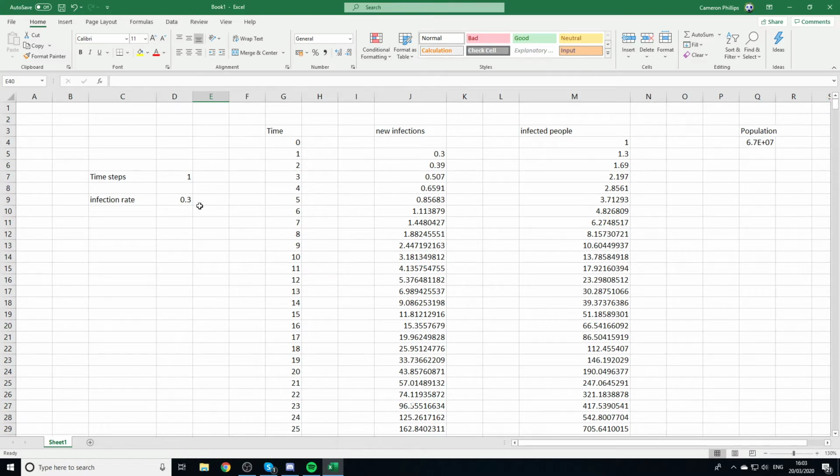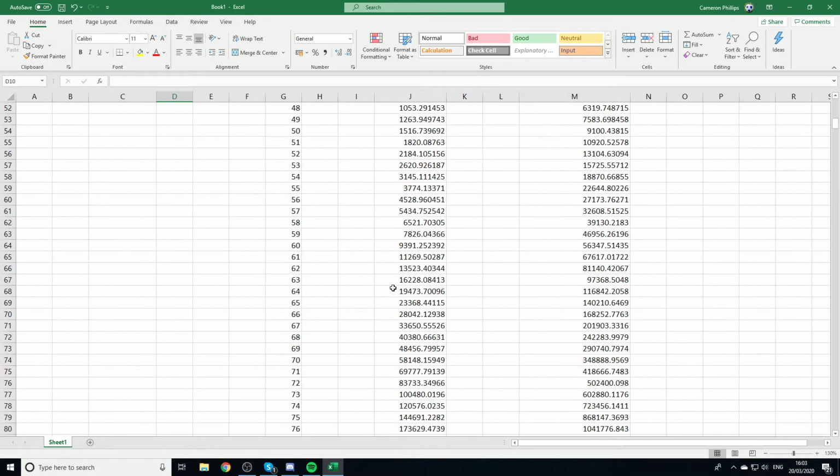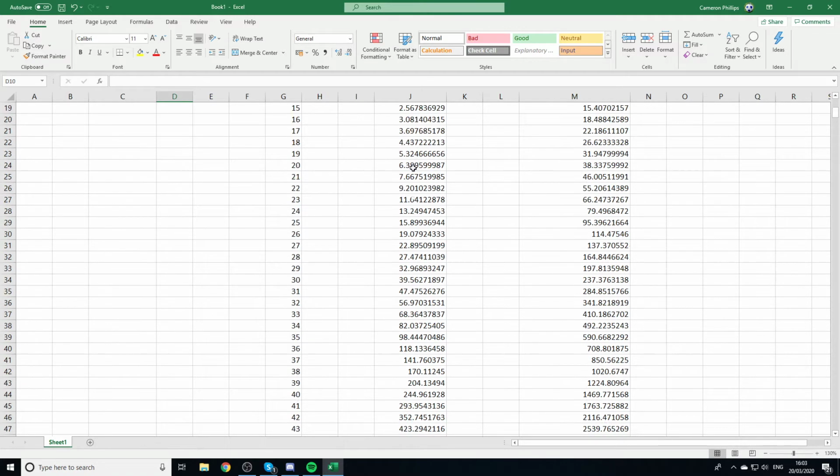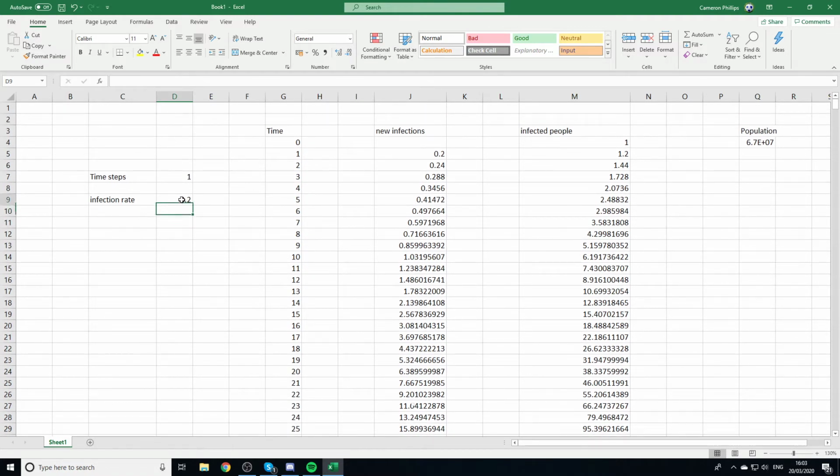We have put that at 0.2. Let's see where that takes us on day 50. 9,100 cases, 1,500 new ones a day. Let's do that again. 0.3.